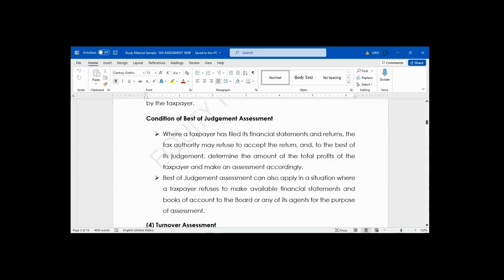Or when the taxpayer files their financial statement but fails to provide the tax authority information on that financial statement, or when the tax authority is of the opinion that the financial statement filed by the taxpayer is not correct, a best of judgment assessment will be raised on the taxpayer.